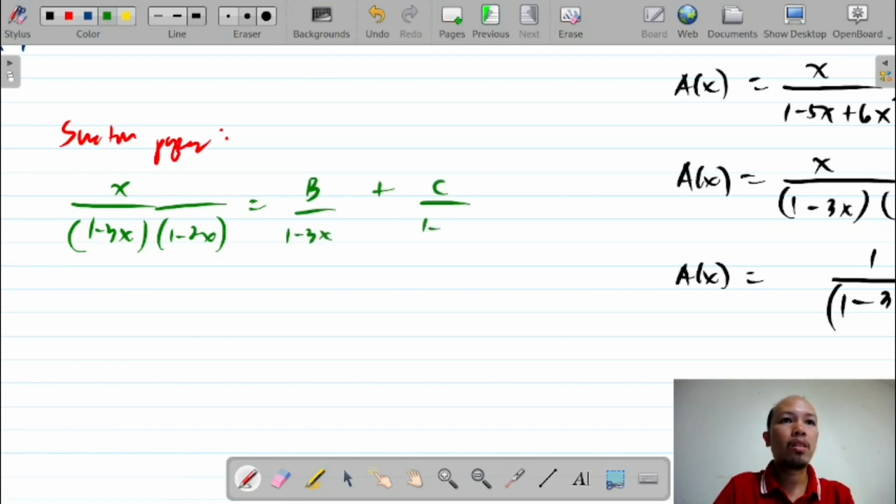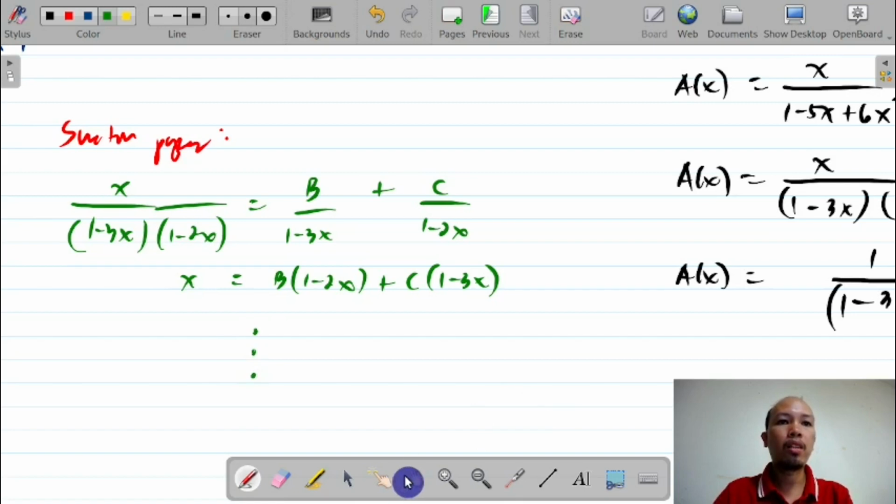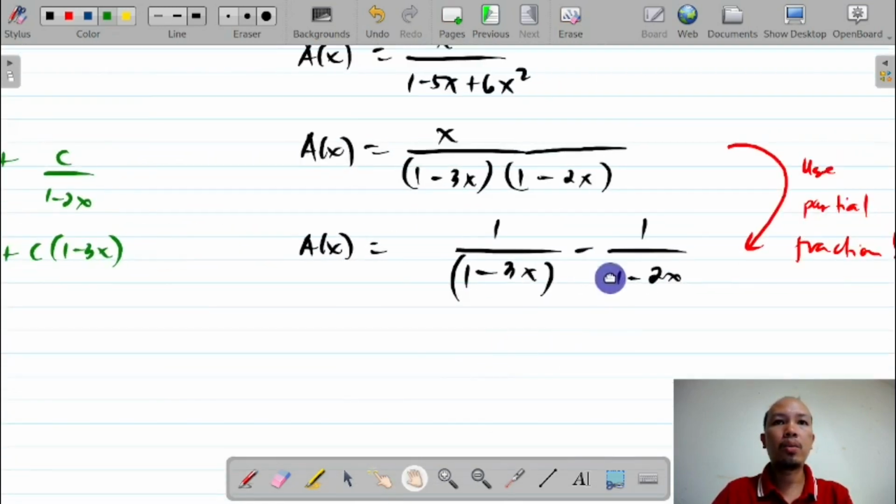Notice that these are linear, so multiply both sides by 1 minus 3x and 1 minus 2x. We have b times 1 minus 2x plus c times 1 minus 3x, and then just continue and you will arrive at this one here.